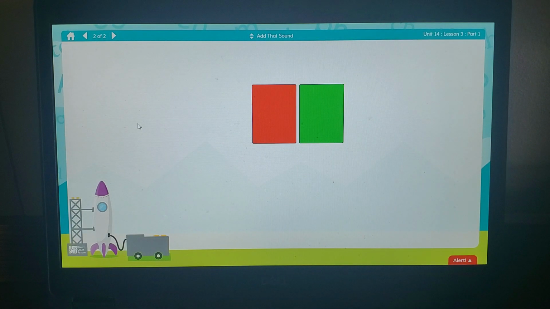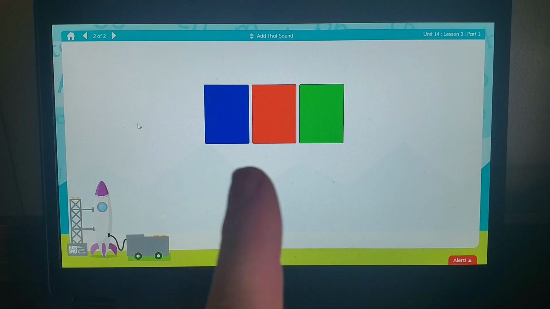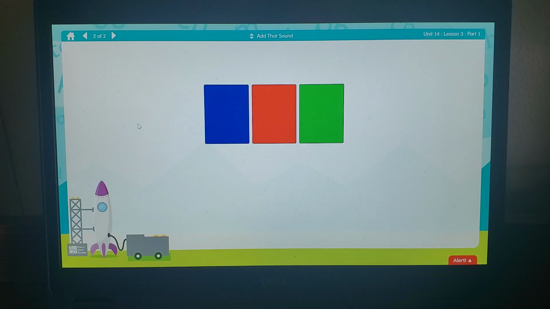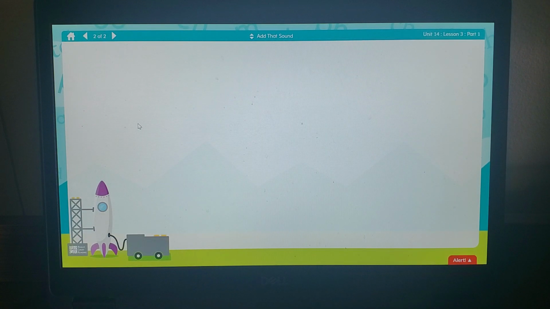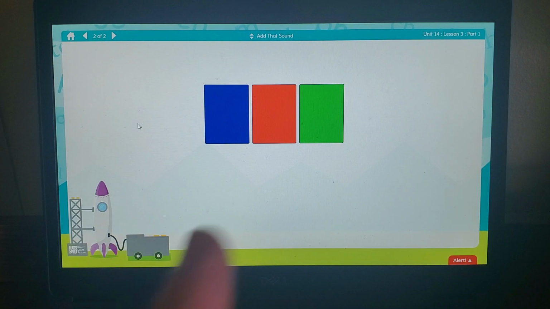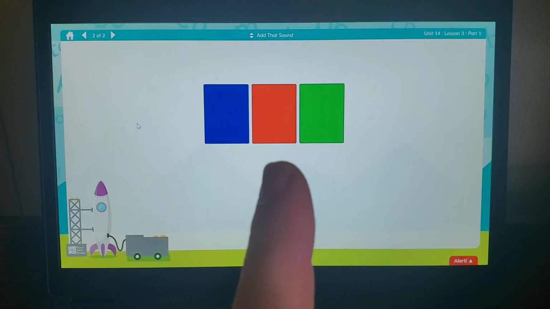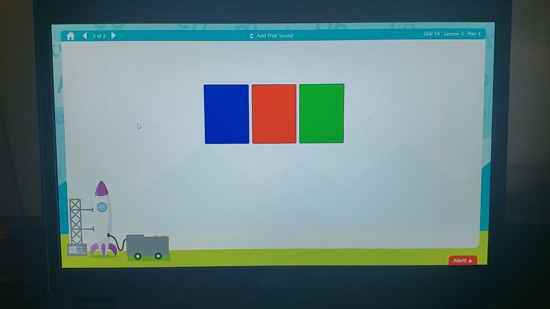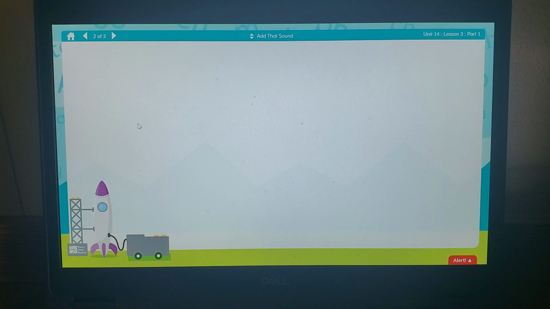Next we have use, use. Now add f at the beginning of use. Use. Fuse. Next we have add. Add m at the beginning of add. Now we have add. Mad. Next we have ill.